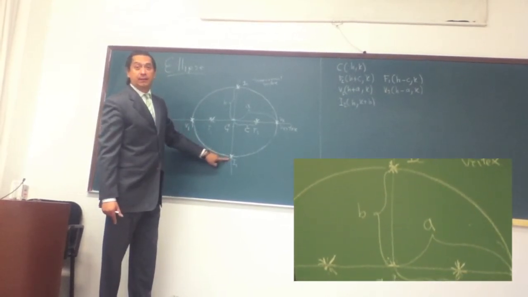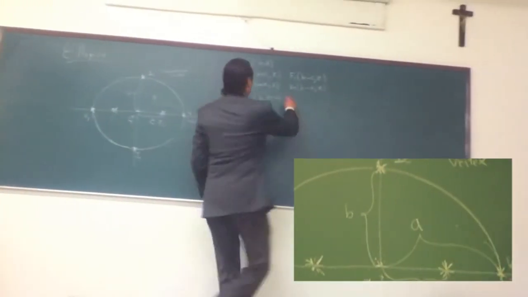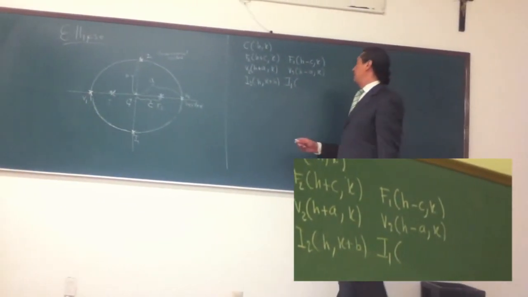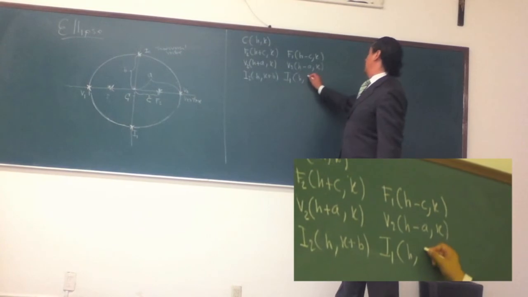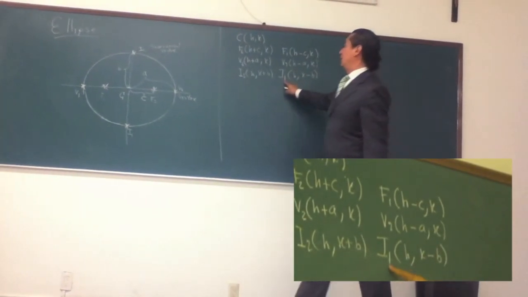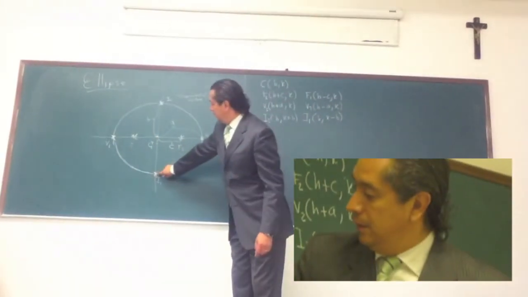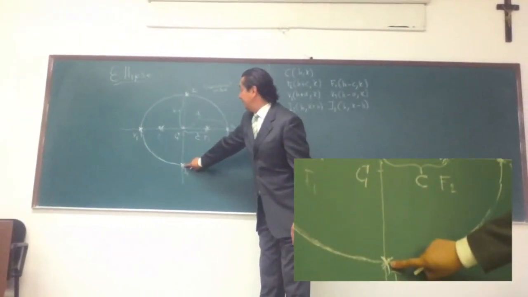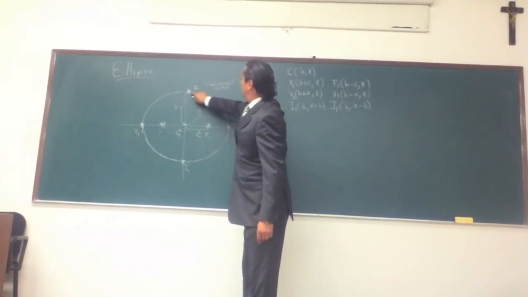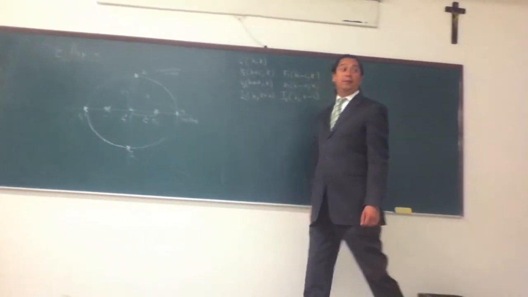The coordinate for the first transversal vertex is (h, k minus b). This is the coordinate for this transversal vertex, and this is the coordinate for the other.